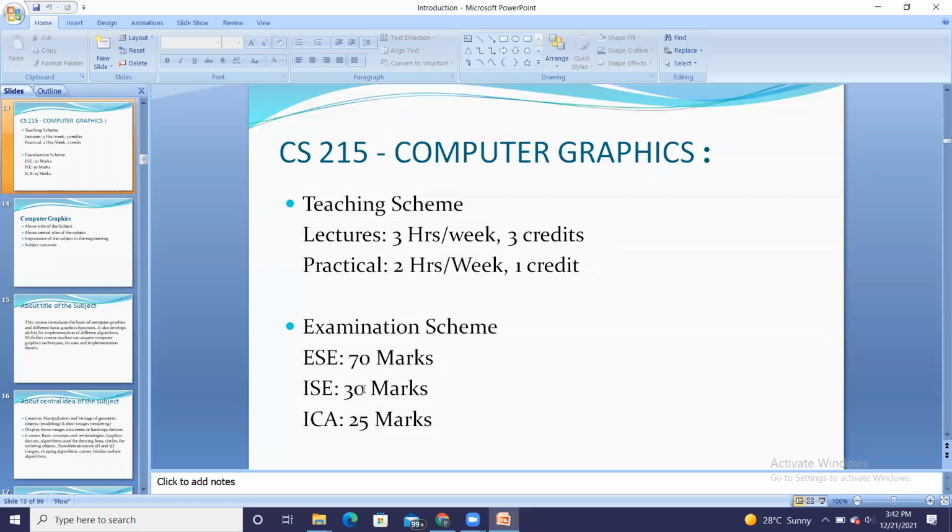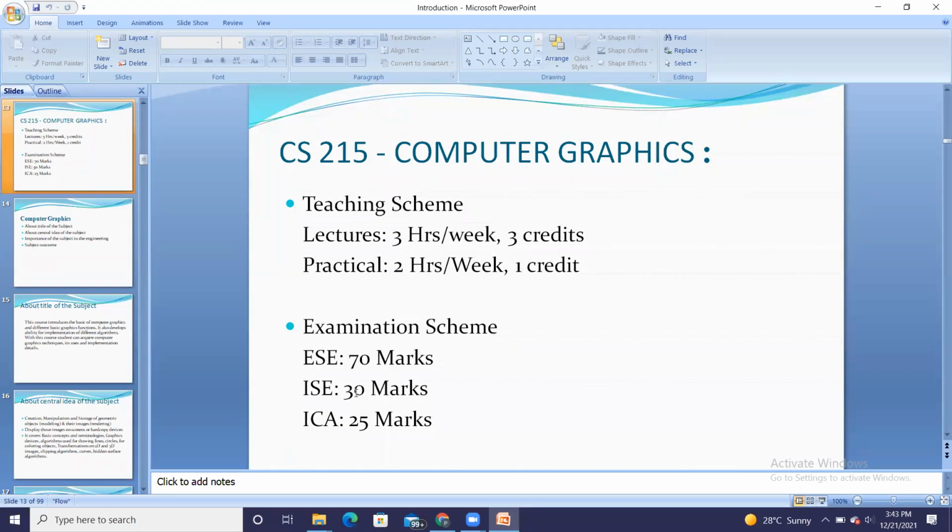ISC means in-semester exam, like a unit test. It is of 30 marks, and it will be considered as the average of 2 ISCs, and those marks will be submitted to the university.